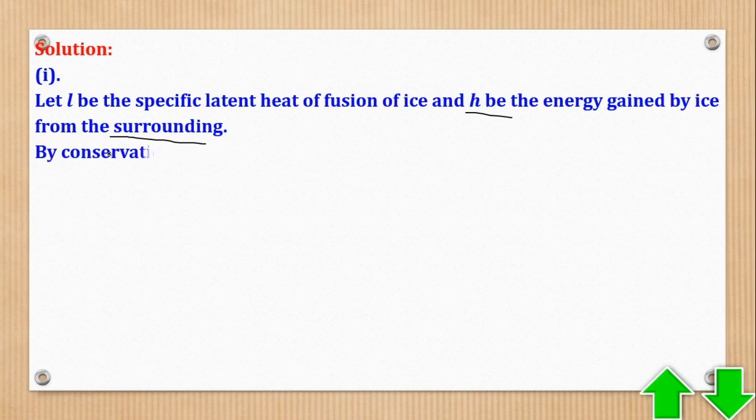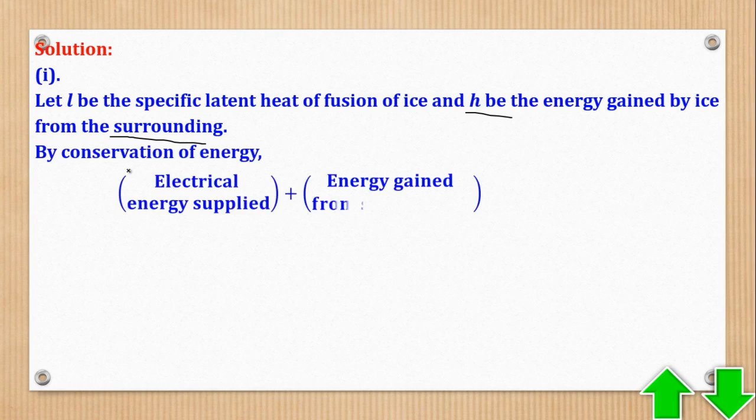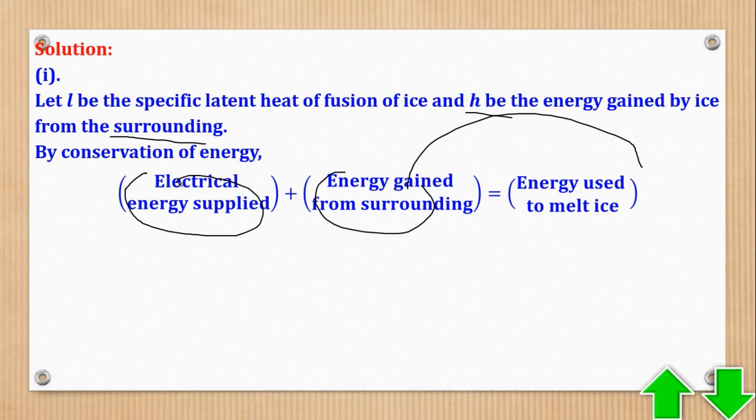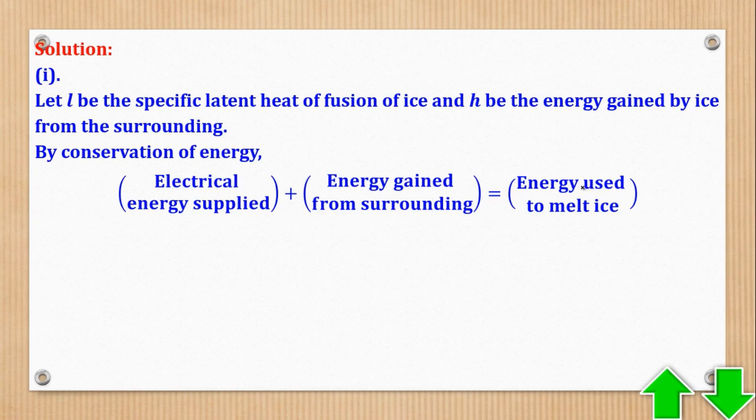So what does that mean? It means that by conservation of energy, we are going to change a little. Previously, when it was heat lost to the surrounding, this we would have put it here, this side. But now because it is heat gained from the surrounding, we put it on the side of electrical energy supplied. So at this side we only put latent heat.